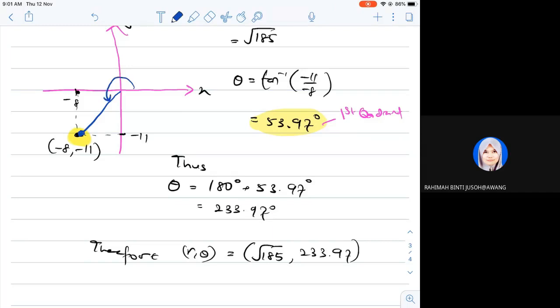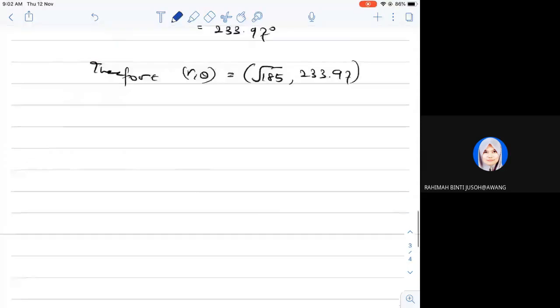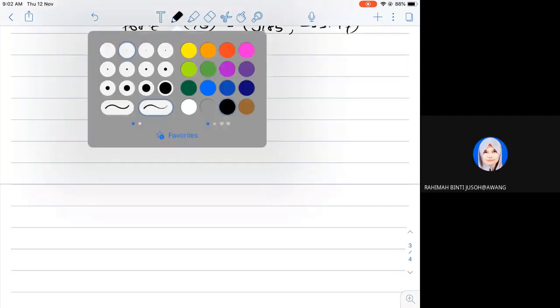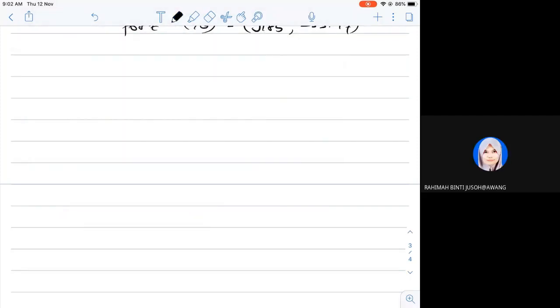Theta is 233.97 degrees, like that. This is equivalent to the square root of 185, 233.97. Understand, guys? Yes, doctor. Okay, good.